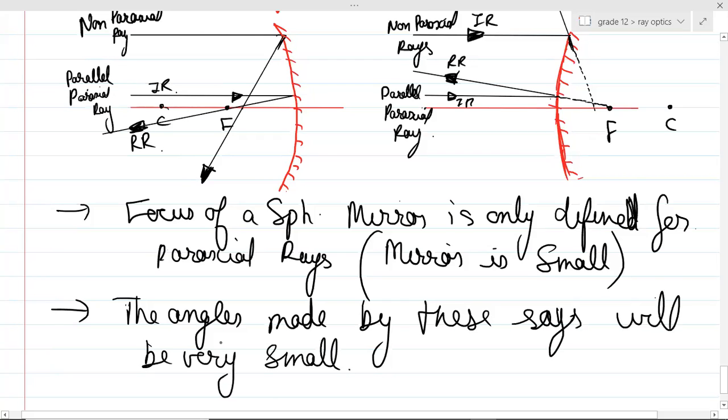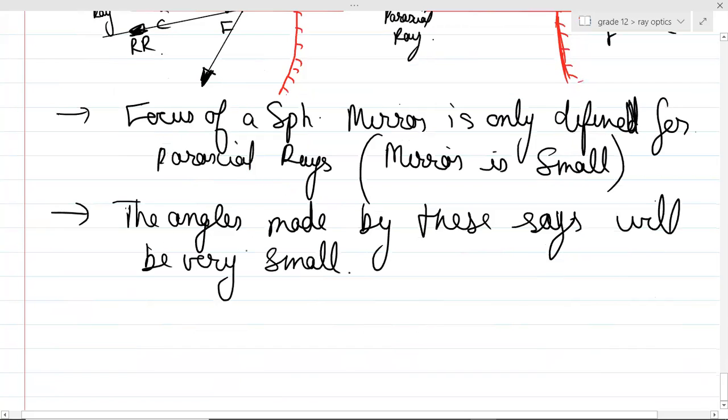If these rays are near and parallel to the principal axis of the mirror, the angles made by these rays will be very small. Yes or no?